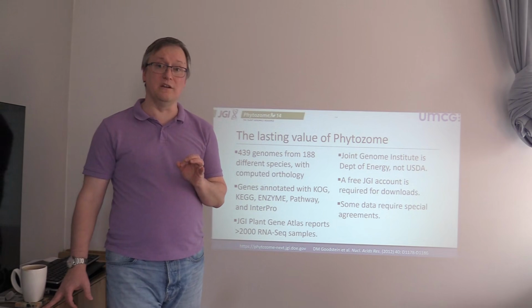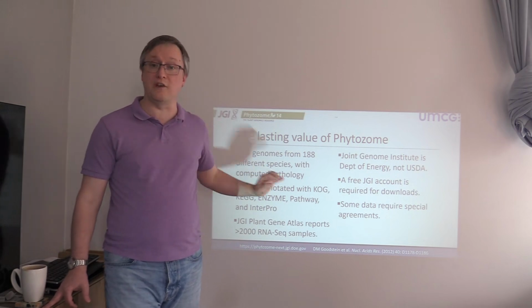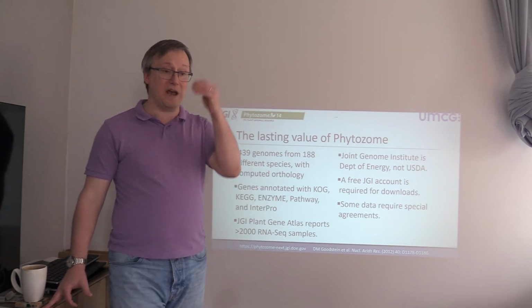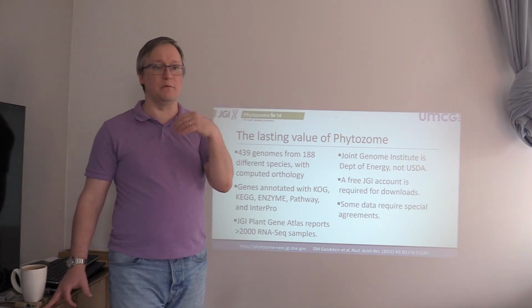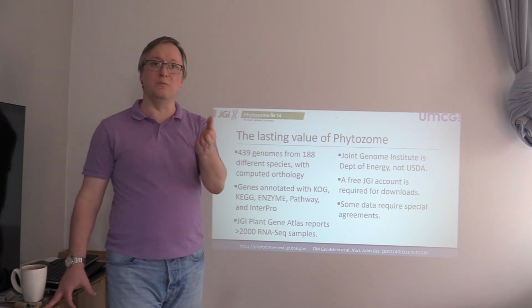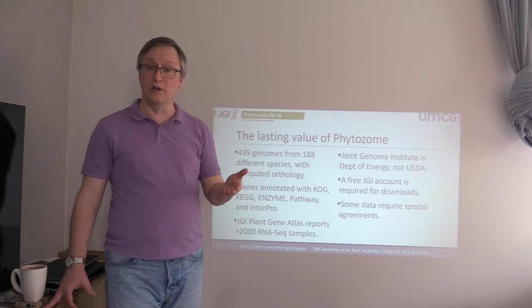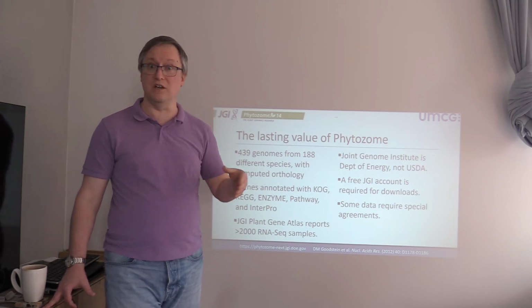And even better, they've already pre-computed orthology, which is to say that if you have a gene in a relatively less studied species, you may be able to find that it is similar to the same gene in other species.